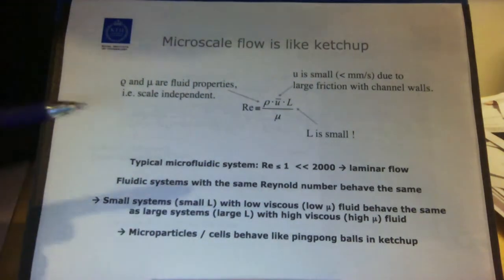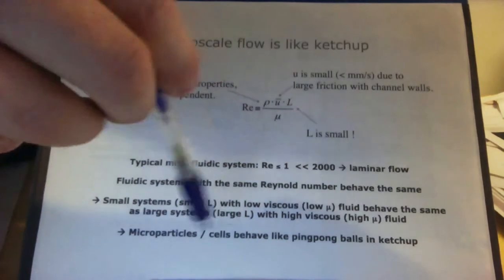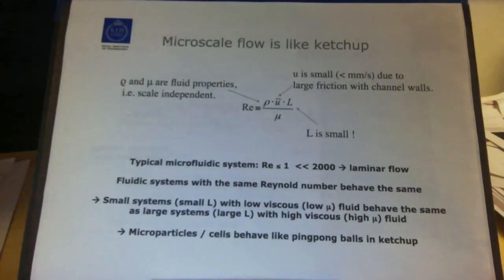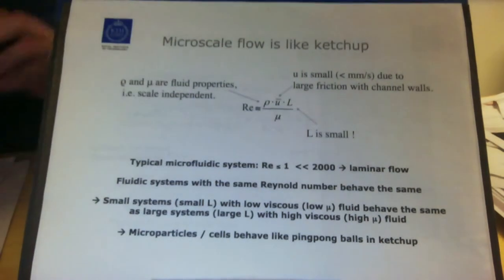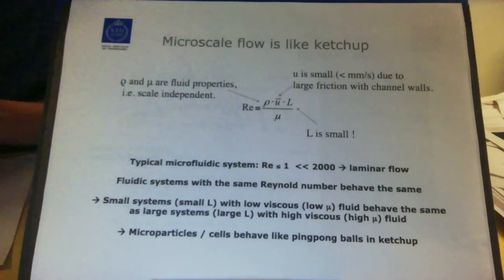Ping pong balls have a low inertia because they have a very low density. So we can think of blood cells in blood as ping pong balls moving through ketchup. So you understand that on the microscale, things behave differently than you experience them on the macro scale, which makes it interesting, and we'll see that we can do a lot of different things with that.